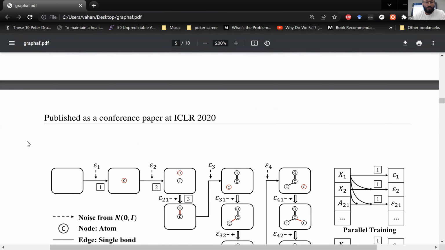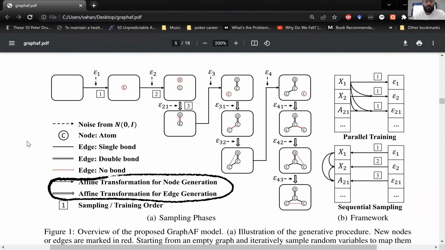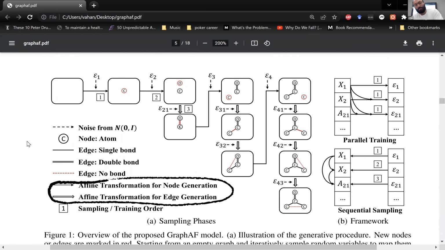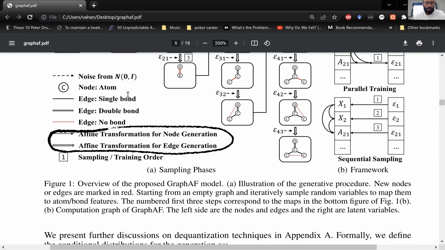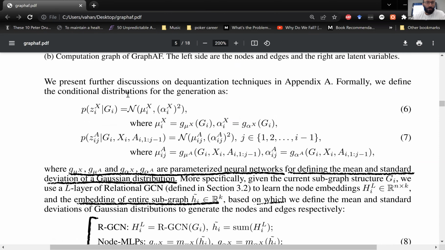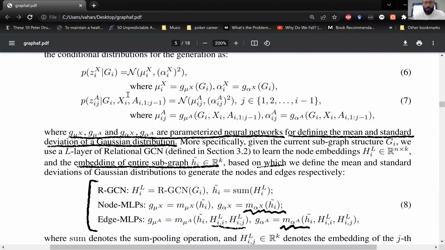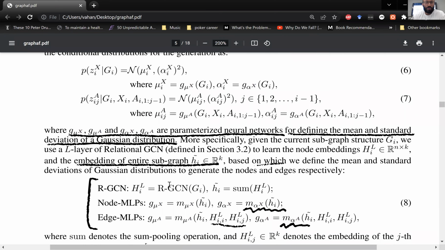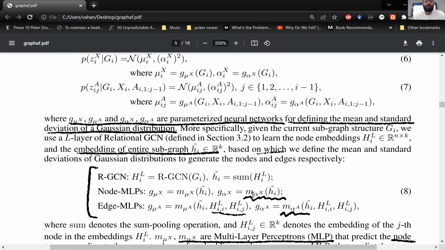Right. So actually, let's look at the diagram here, which describes the process. So you start with no graph. You add noise here, and using this noise, you generate a new node. And to generate a new node, here is the formula also. You will also need this MLP, which you also train, which generates new nodes.